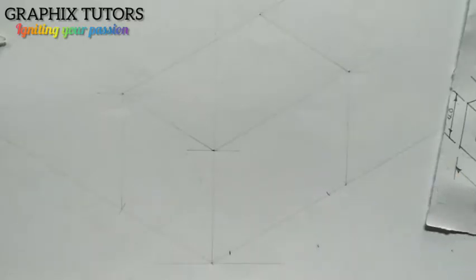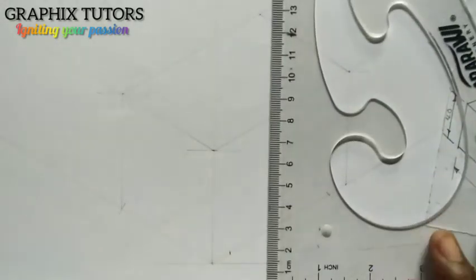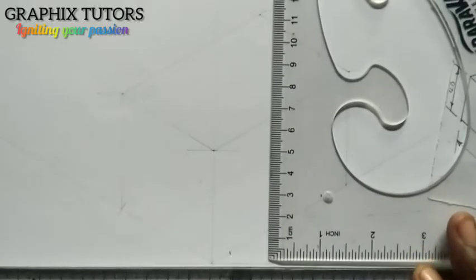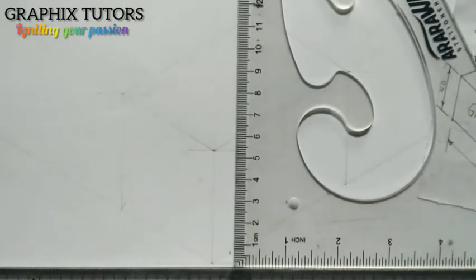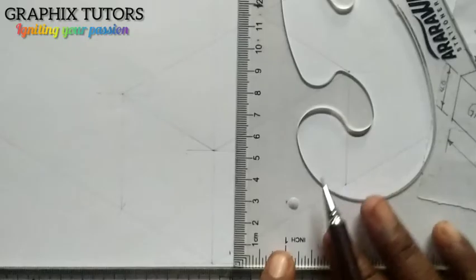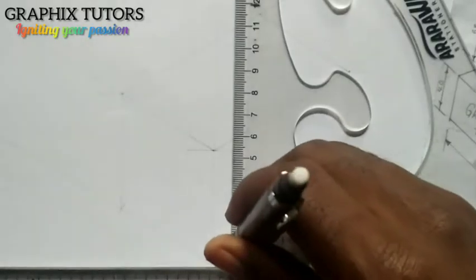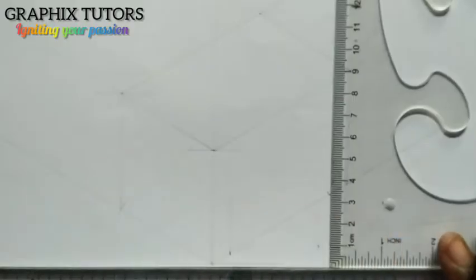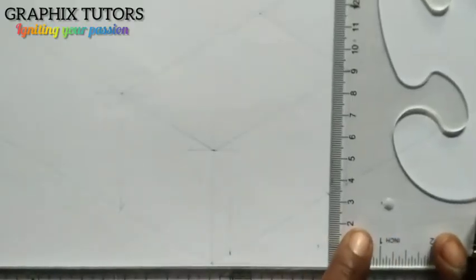Is that taken? So what I'll do is I'll take my set square, I'll place it on my T-square, and I'll project it upward a little bit. I'll come here also. I'm going to project this upward too. You can see that?